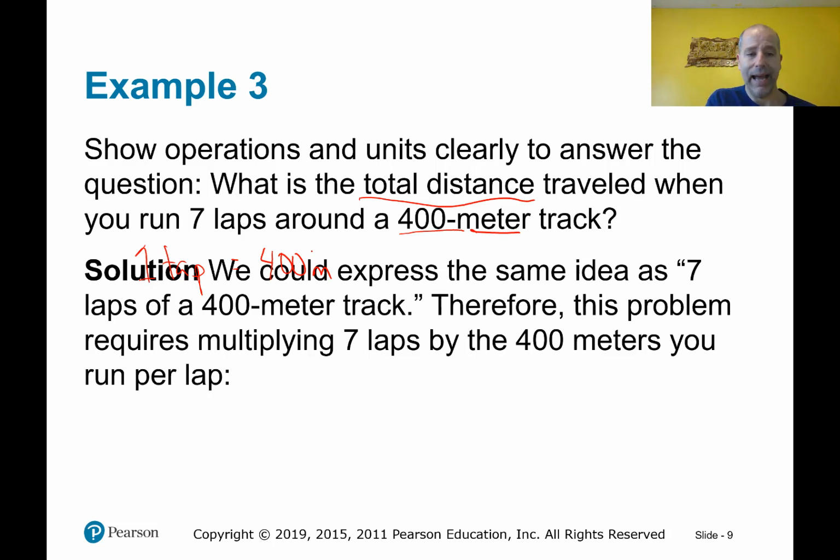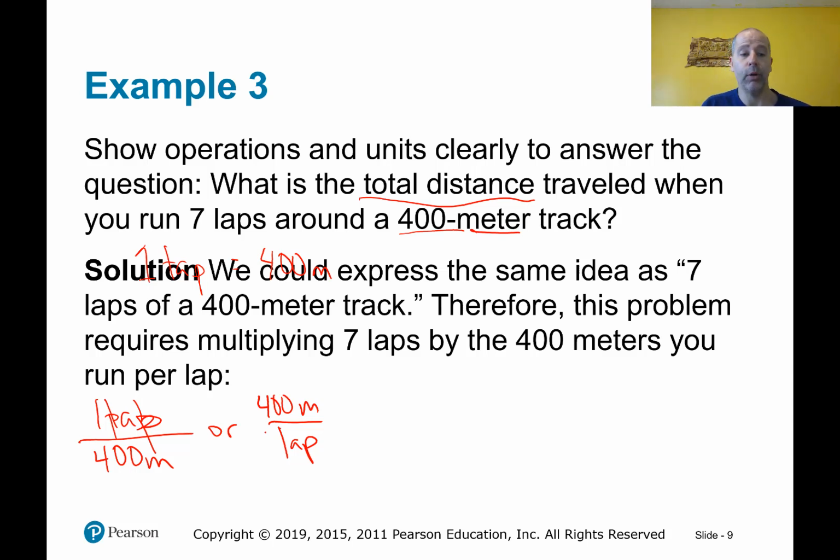So 1 lap equals 400 meters, which means we can write this as 1 lap per 400 meters, or we could say 400 meters per lap. Either way is okay. It just depends on the problem and how we're going to write it. So notice how we did that. So they used this one because why?